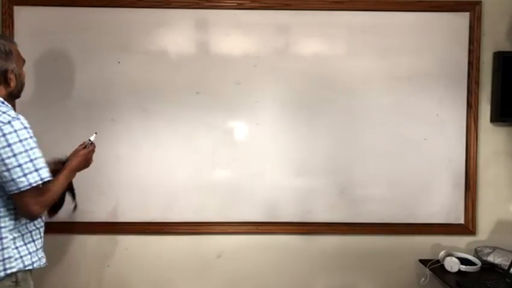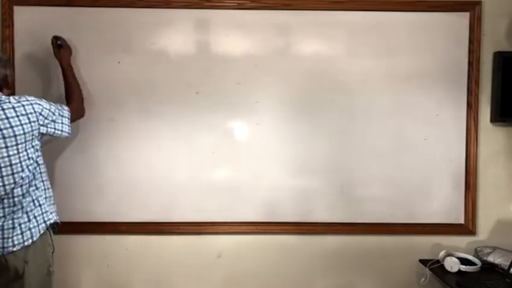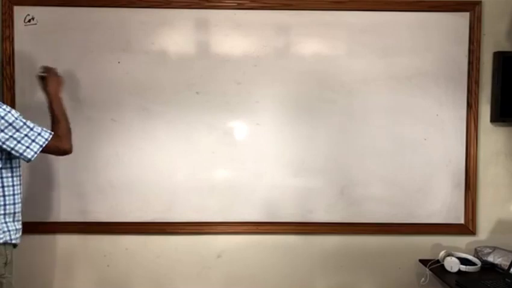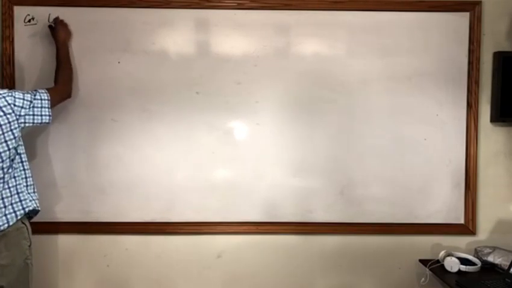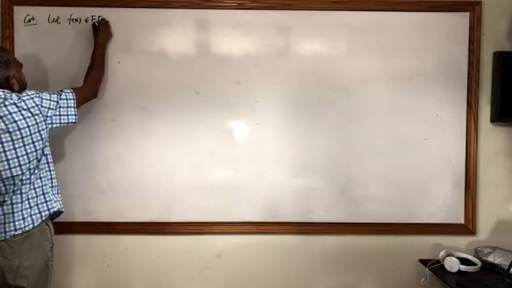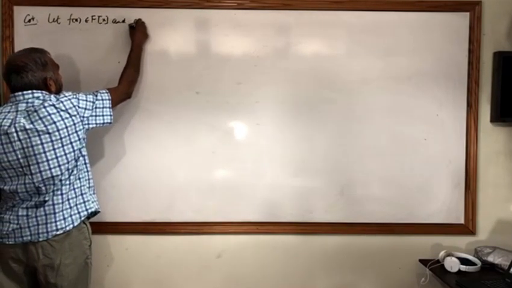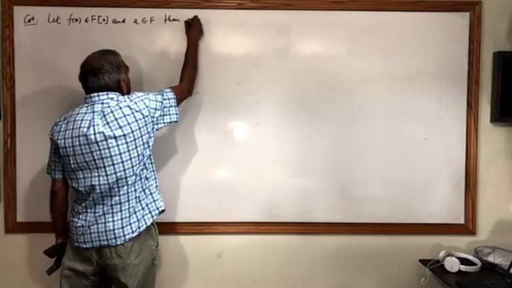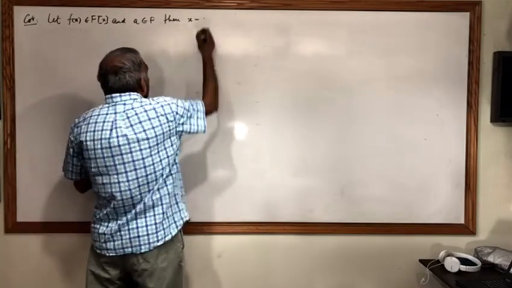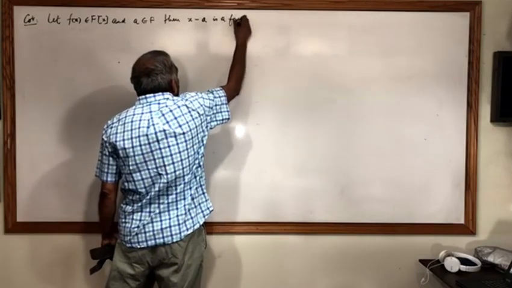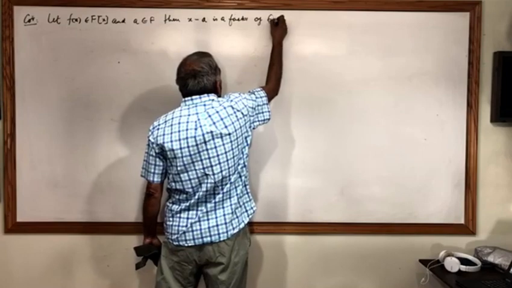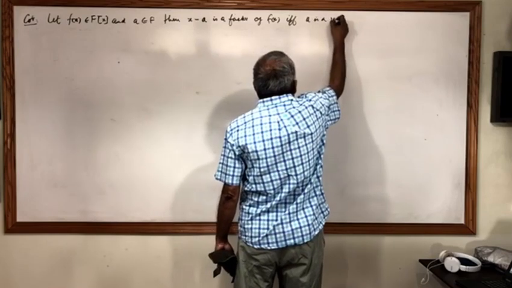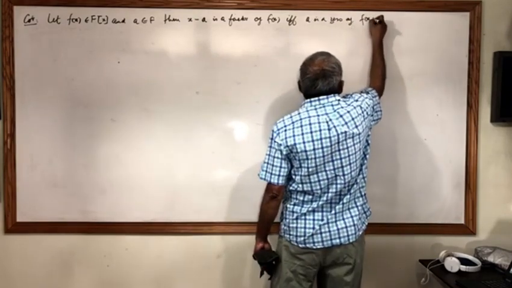So another corollary of this division algorithm: if f of x belongs to F of x and a belongs to F, then x minus a is a factor of f of x if and only if a is a 0 of f of x.